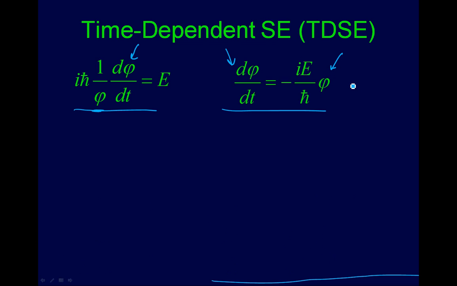And when you can do this, what I like to think about is that we're trying to search for some function phi, and this is a rule that phi has to satisfy. What that rule says is that if I take the first derivative of phi with respect to time, it equals some negative constant, like this thing here, times the function itself.